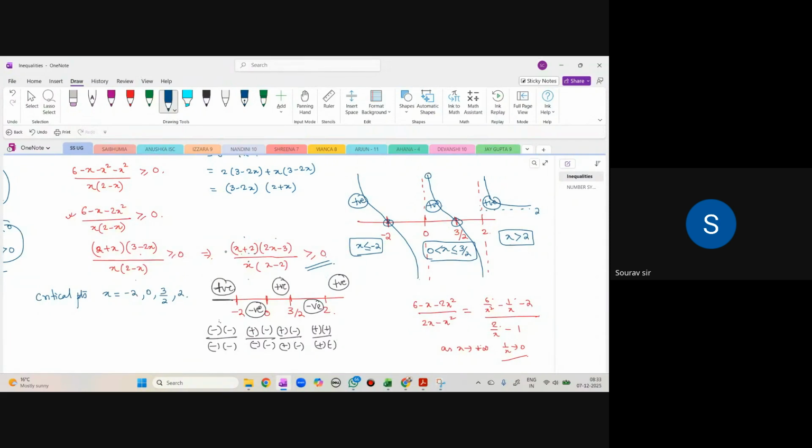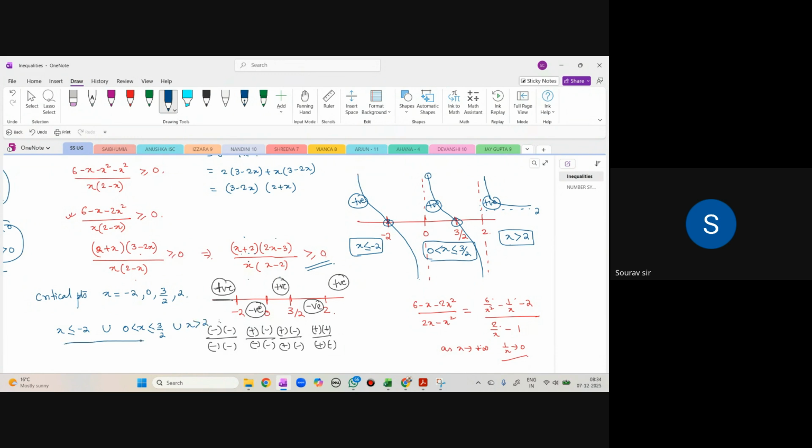So when you're writing the full solution set, the full solution set will be x less than equal to -2, union x greater than 0 less than equal to 3/2, union x greater than 2.